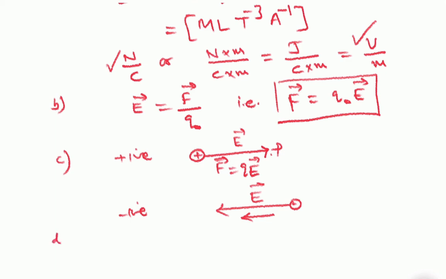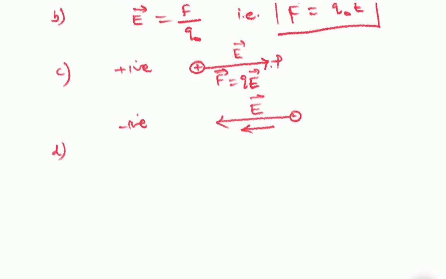Similarly, if you want to measure the electric field in free space as well as in a medium, then the electric field in free space will be given by 1 by 4 pi epsilon naught q by r square.